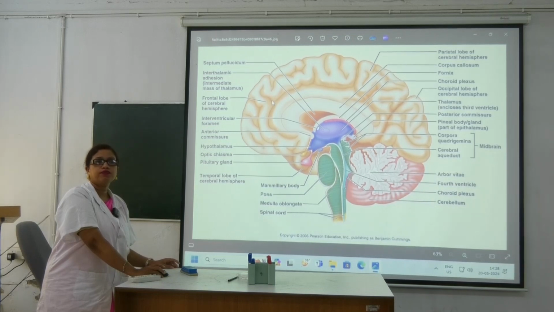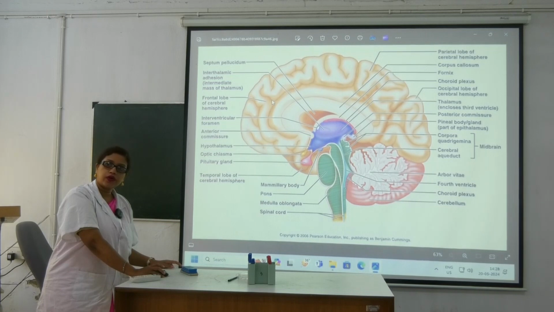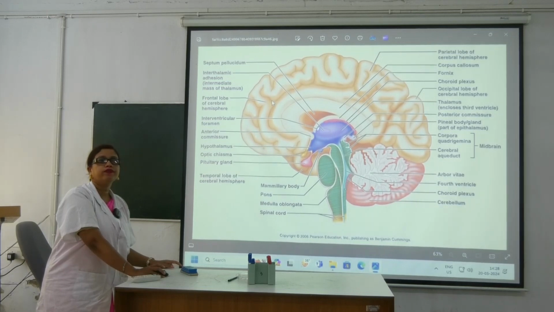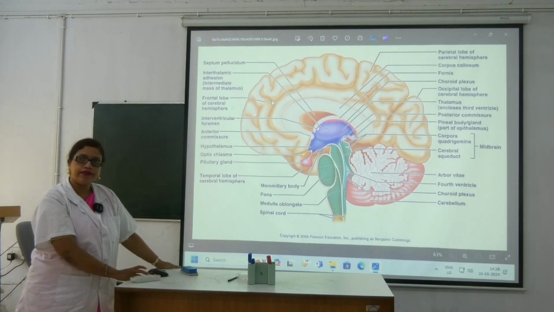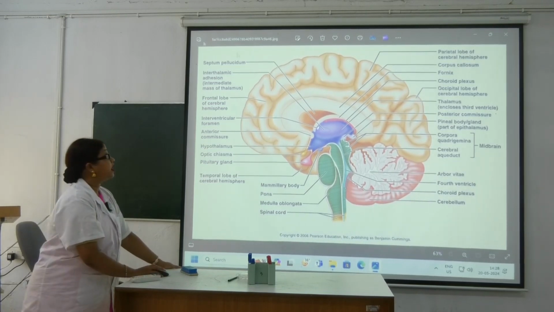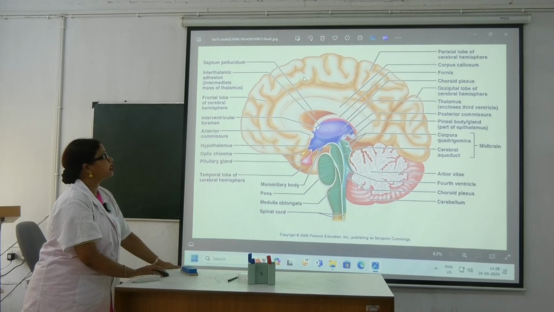Frontal is how many? Superior, middle and inferior frontal sulcus. Okay, temporal কতগুলো ছিল? Temporal also 3, superior, middle and inferior. Okay, but here you are having middle frontal sulcus.